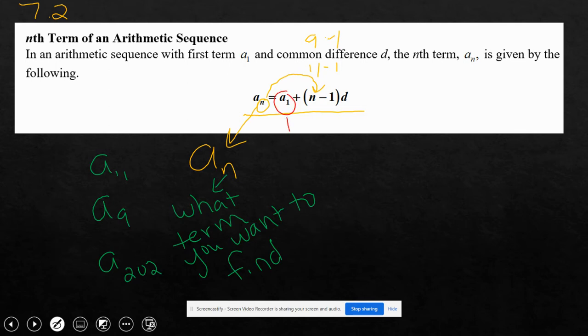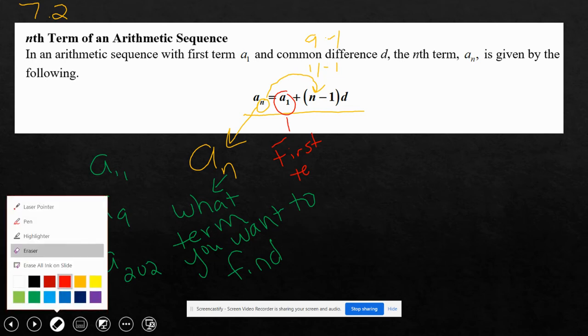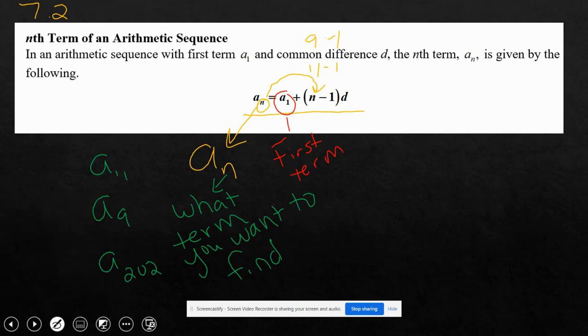A sub 1 is the first term of your sequence or your list of numbers.